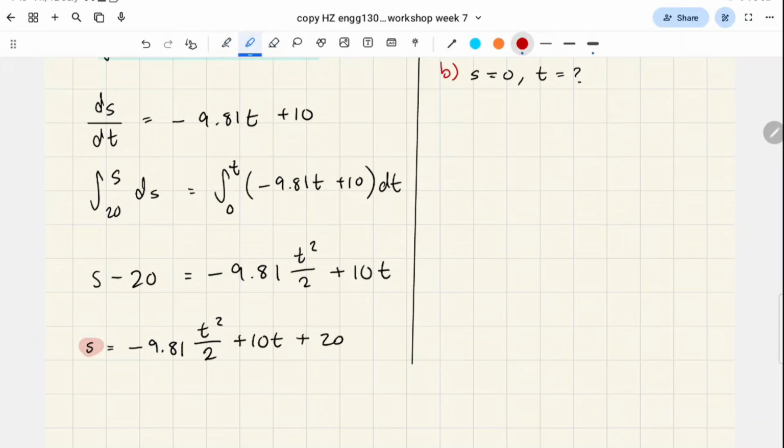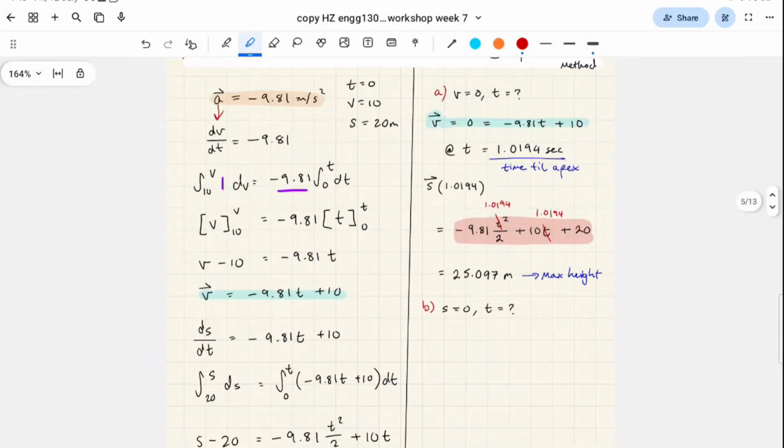Okay, so now that gives us our expression for displacement. Any questions with that? So now we've basically found out what our functions are. Now we just utilize these functions to find what the question is asking for.